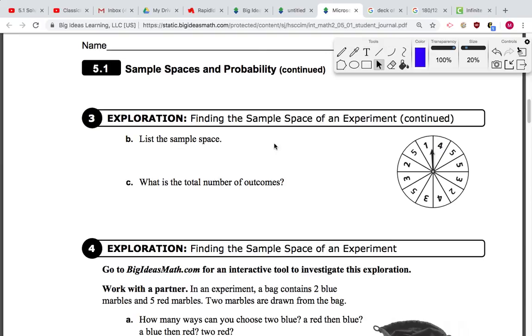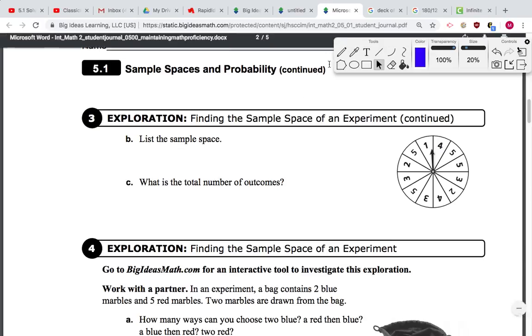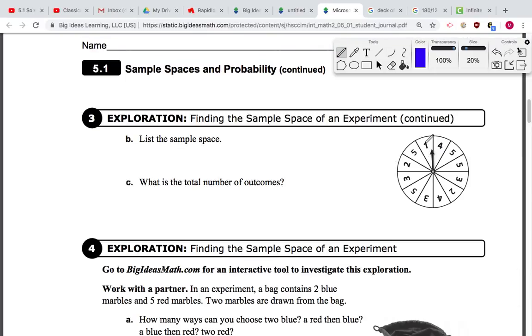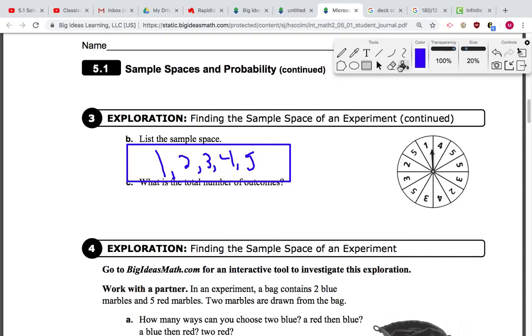List the sample space. So the sample space is, again, everything that can happen. So what can happen? We can get a 1, a 2, a 3, a 4, or a 5. What is the total number of outcomes? So right now you might think, oh, we only have 5 outcomes, right? Which is fair, but if you look closely, this is a 5, and this is a 5, and this is a 5, and this is a 5.